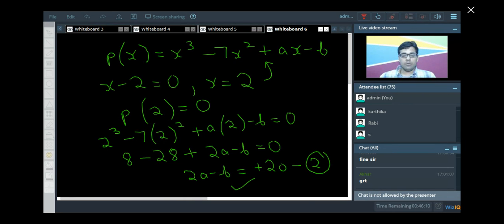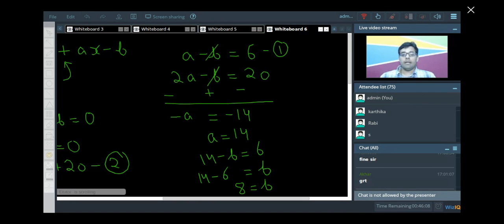Then solving these two equations, subtracting them, we find the values: a becomes 14 and b becomes 8.